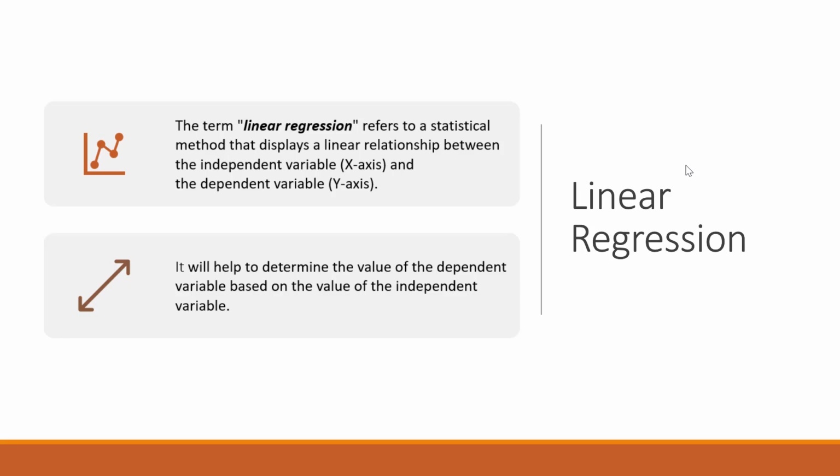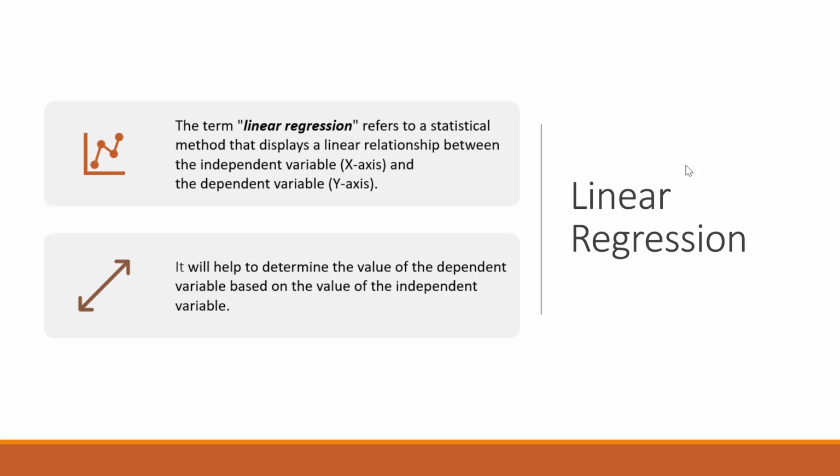So basically, linear regression is one of the most fundamental kinds of regression technique utilized for predictive analysis. Moreover, we use this regression technique to illustrate the relationship between continuous variables like sales, age, salary, etc. Basically, the term linear regression refers to a statistical method that displays the linear relationship between the independent variable x and the dependent variable y.